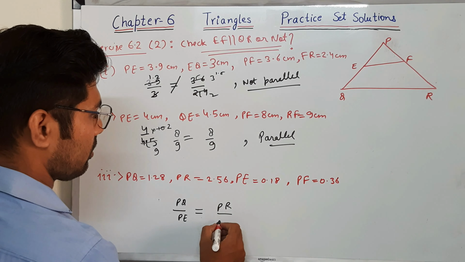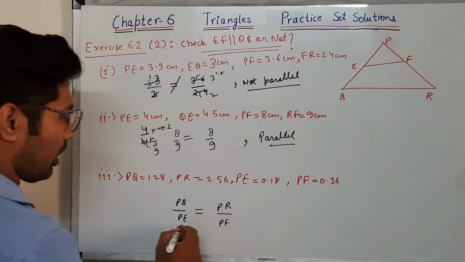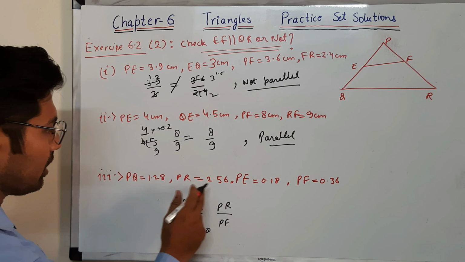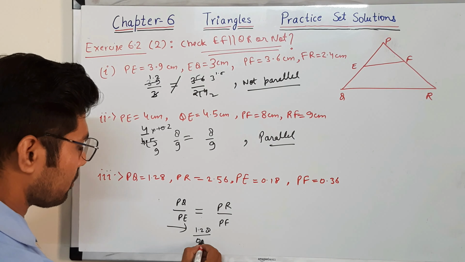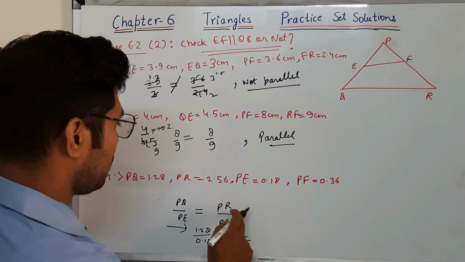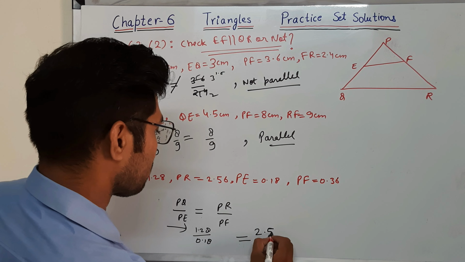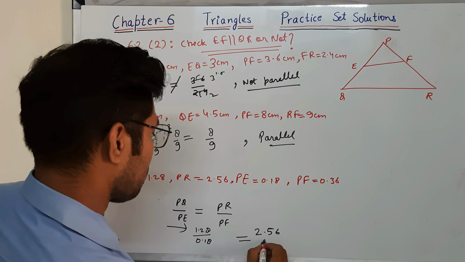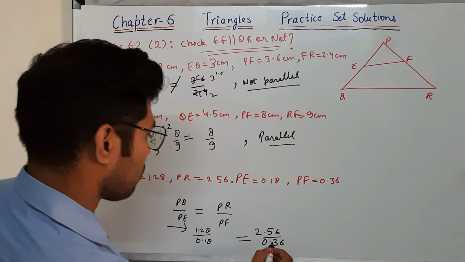Now check: PQ is 1.28, PE is 0.18, and check whether this is equal to PR, which is 2.56, upon PF, which is 0.36.